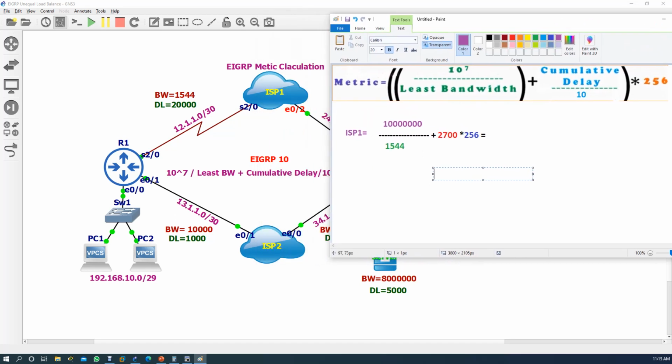Now we are going to set for ISP2. Okay, so here also we will put the same formula.